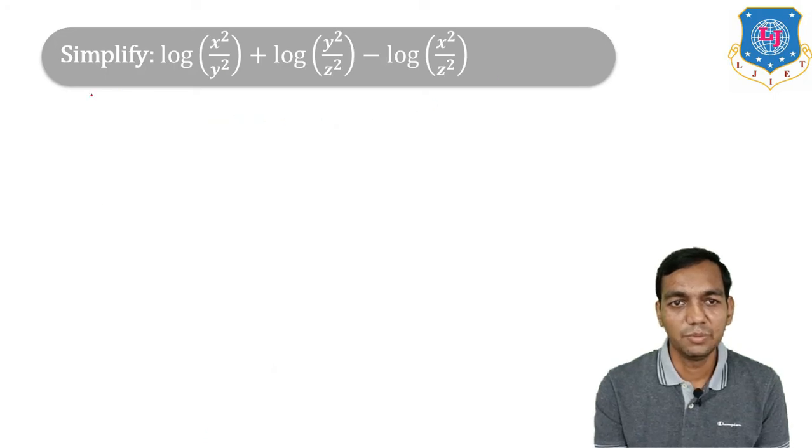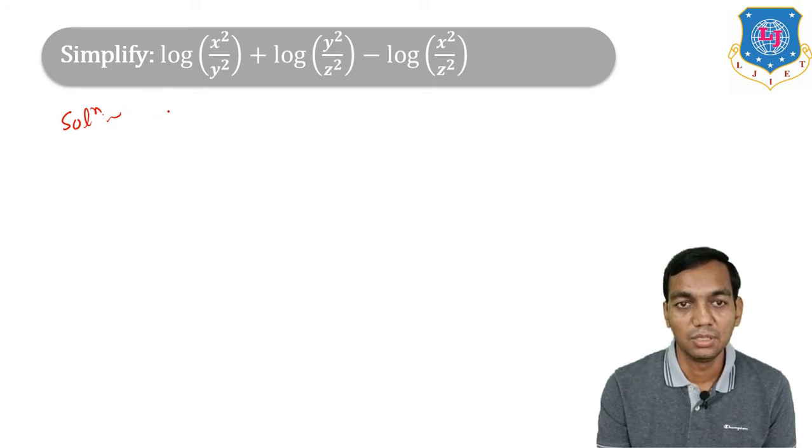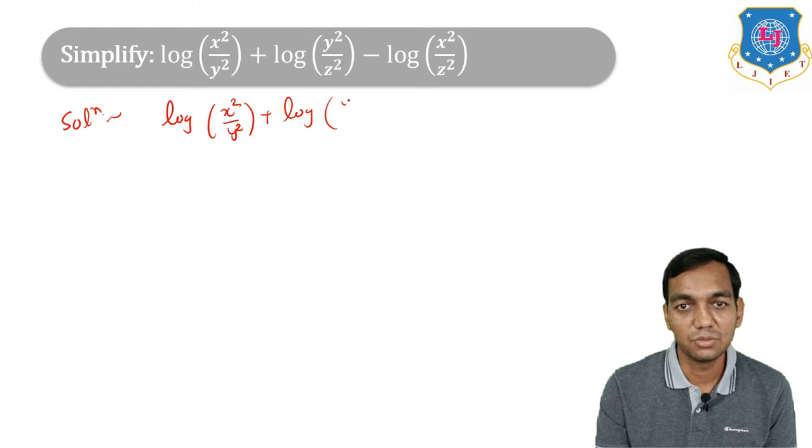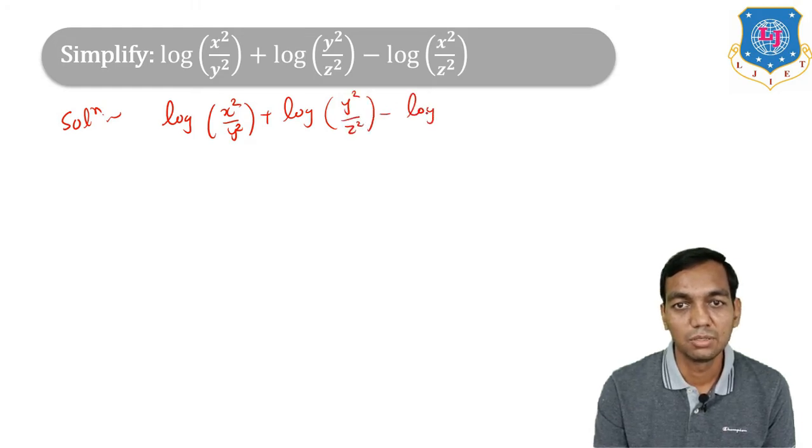Now, this is a very simple example, and it is an example of a simplification, not the solve. Here you have log x square upon y square plus log y square upon z square minus log x square upon z square. Correct?